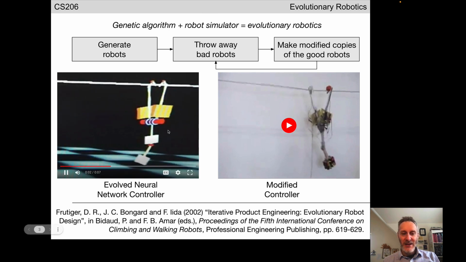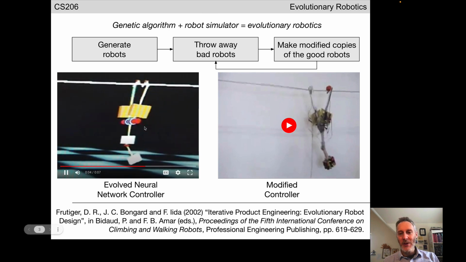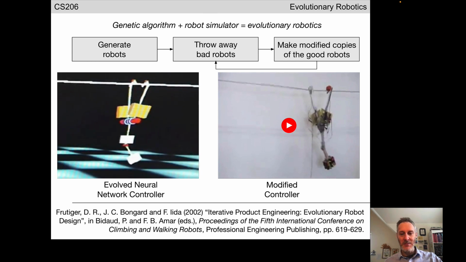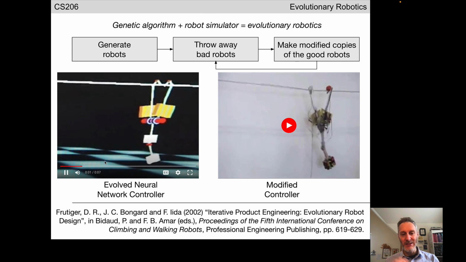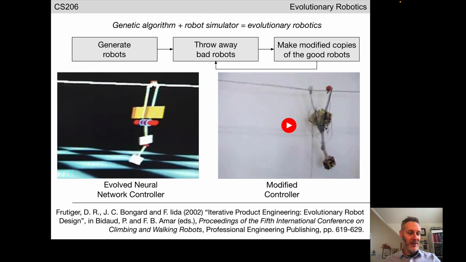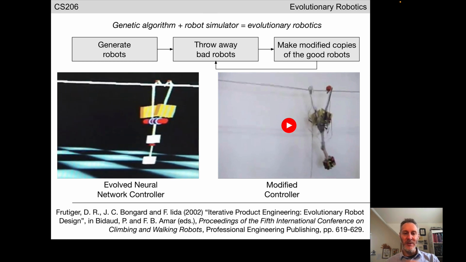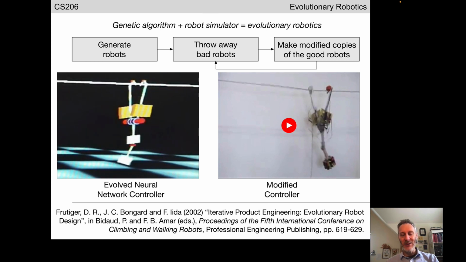You'll notice a couple things about the way this robot has evolved to solve this task. It's swinging this heavy weight at its bottom. These are meant to simulate the heavy battery packs that we had to use for the physical robot in this case. I mentioned last time when we talked about embodied cognition that the body is not an obstacle to behavior. It can often be exploited to facilitate that behavior. Here you can see another example of that.